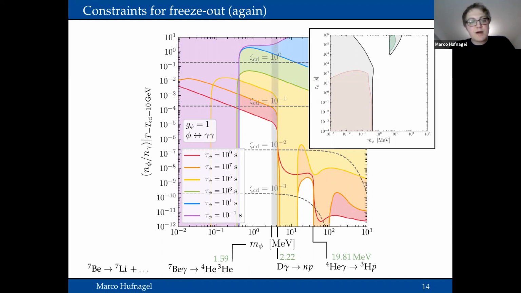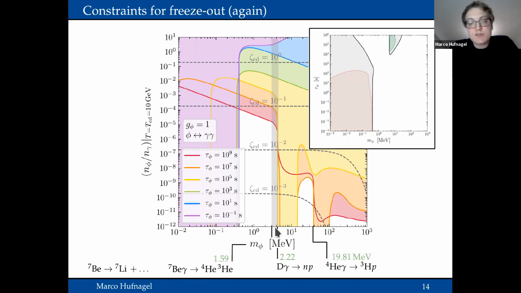And now if you remember, I told you in the beginning that beryllium is essentially the main cause for the abundance of lithium-7, simply because it at some point decays into lithium-7, and then you end up with a final lithium-7 abundance. And I also told you that the theoretical prediction for lithium-7 is too large compared to observations. So there might be a potential idea to exploit this disintegration reaction in order to destroy enough beryllium to eventually end up with the correct lithium abundance.